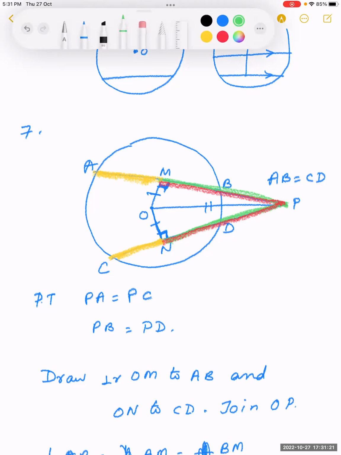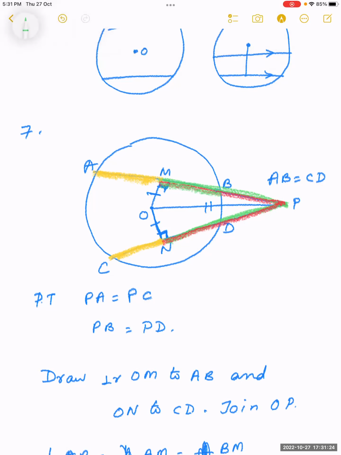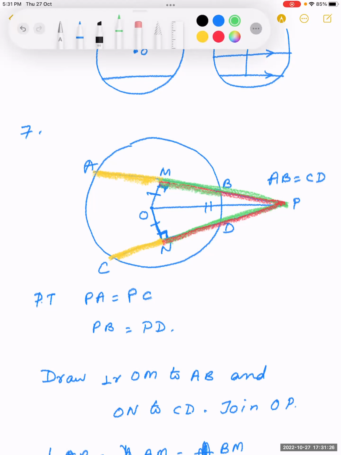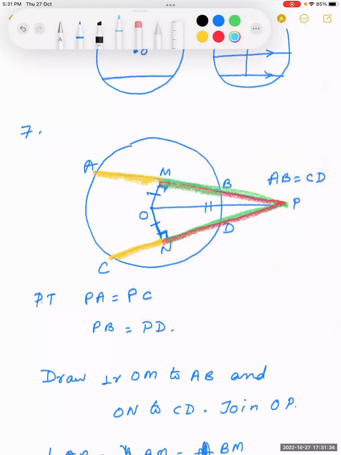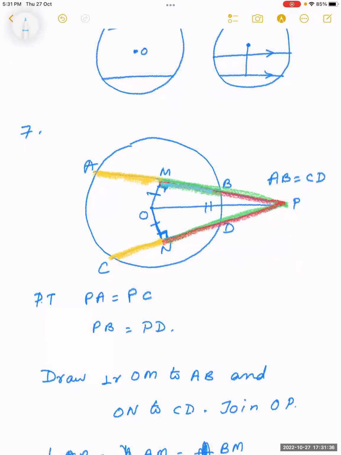One minute, I am going to pick up another color. If I tell you this length and this length are the same, right?